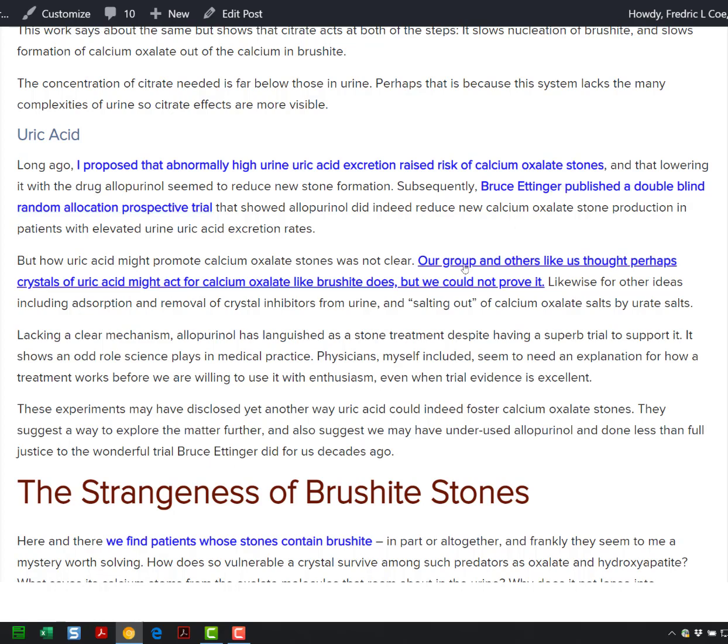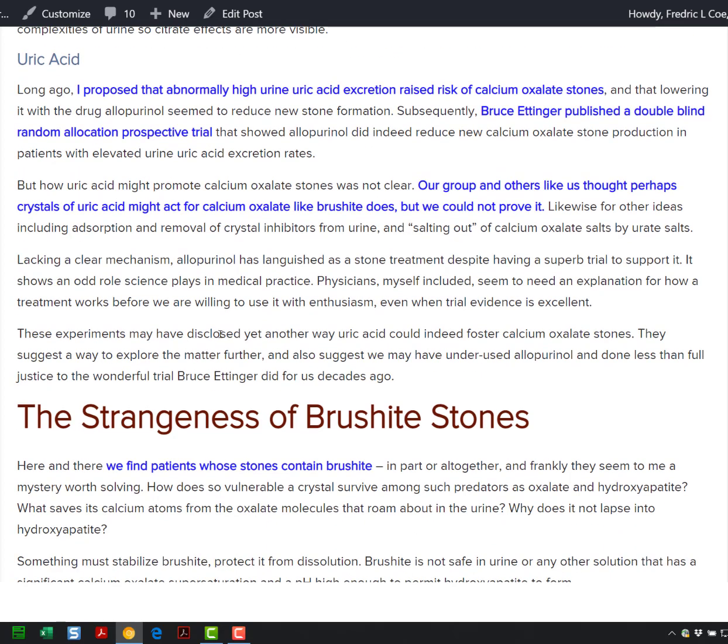I think this particular experiment really adds a lot to maybe why uric acid is a promoter of calcium oxalate stones. Why, when it's really high, you should try to get it down, either by a diet or maybe allopurinol. One of these days, I'm going to write an article kind of bringing allopurinol back.